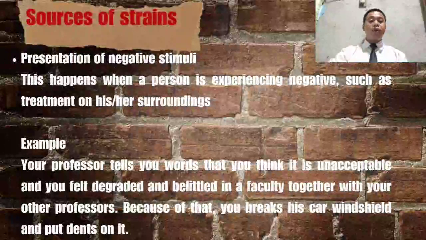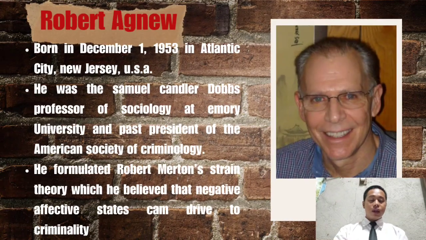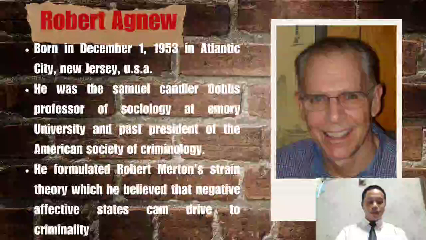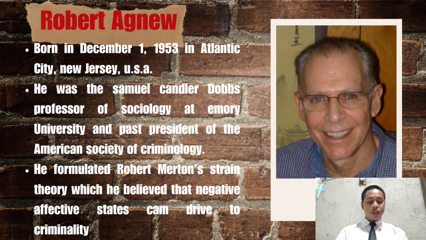Let's move on to the pioneer of general strain theory, who is Robert Agnew. Robert Agnew was born on December 1, 1953 in Atlantic City, New Jersey, USA. He was the Samuel Candler Dobbs Professor of Sociology at Emory University and past president of the American Society of Criminology.